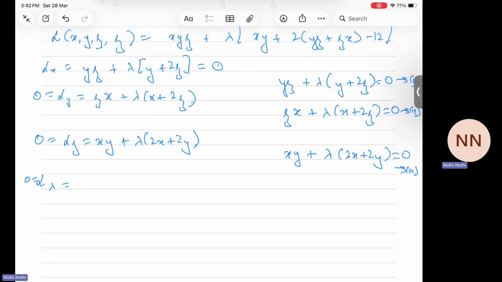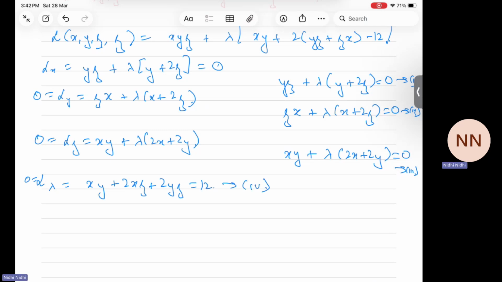So this will be xy plus 2xz plus 2yz equals 12. This will be our equation 4.